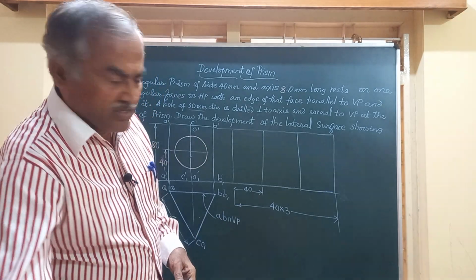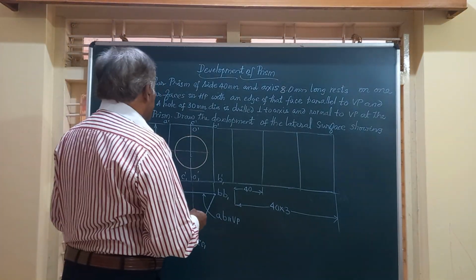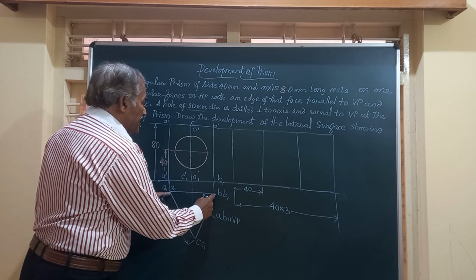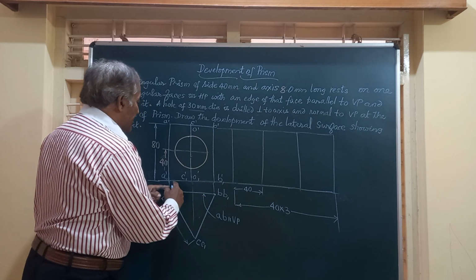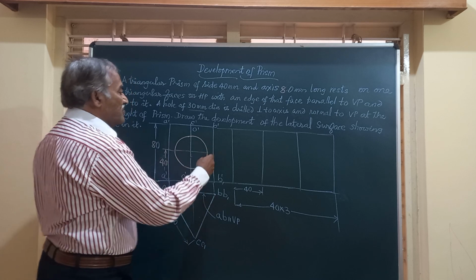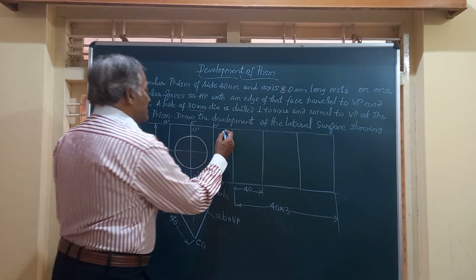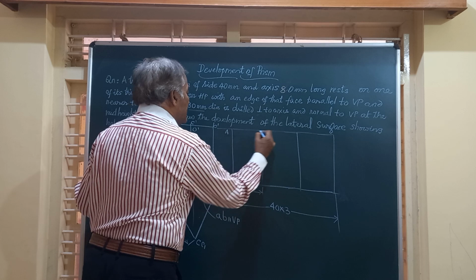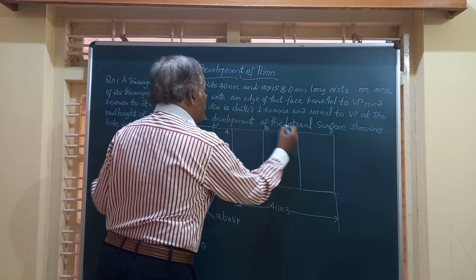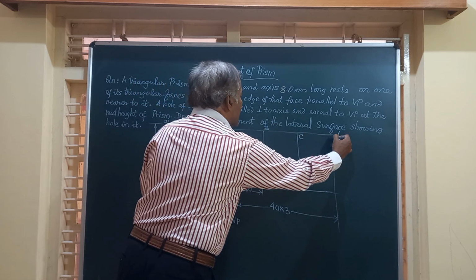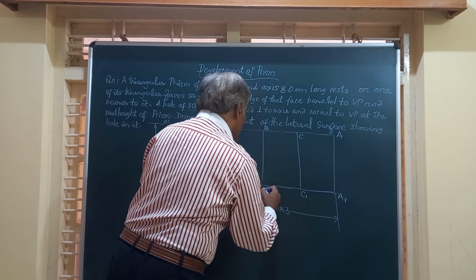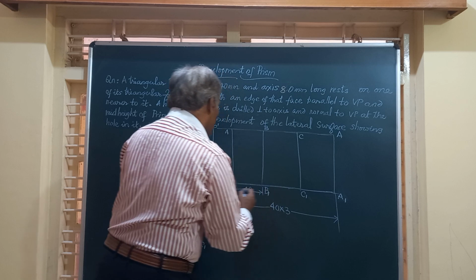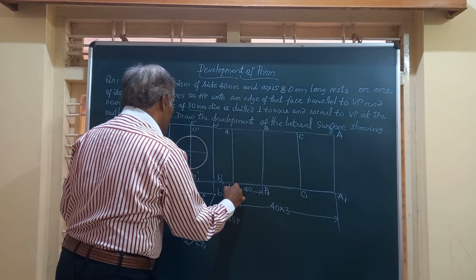In this diagram, the side AB of the prism, or this rectangular face A1, B1. Before that, let's mark it starting from point A: A, B, C, and A. For the bottom face, you will have marking A1, C1, B1, and A1.